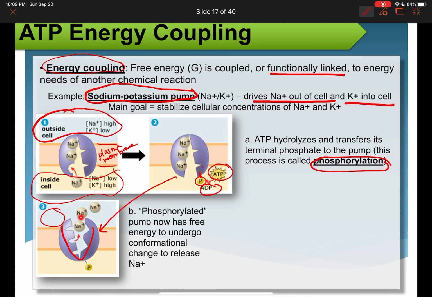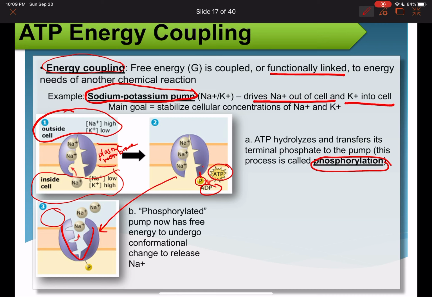Now with this conformation change, you see the differences in the shape of these pockets right here. From this circular shape, these pockets have now become smaller to kick out the sodium ions. The other side here now becomes more open, as you can see right here, more open compared to before.